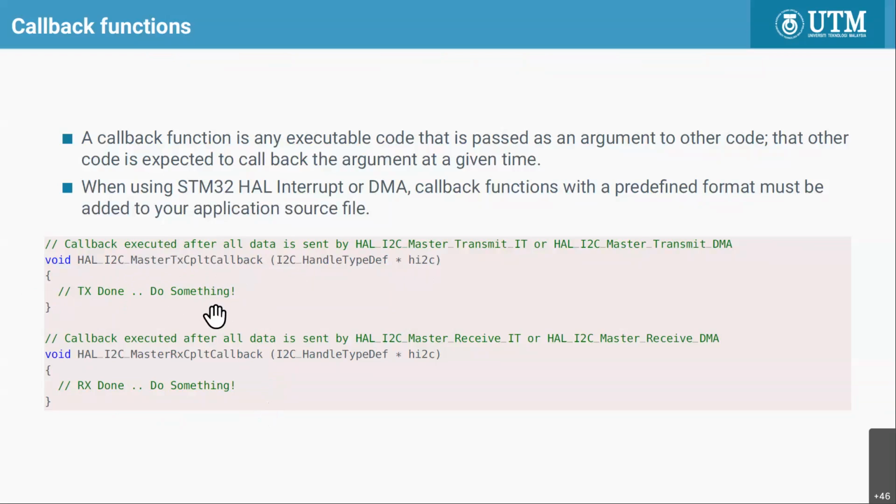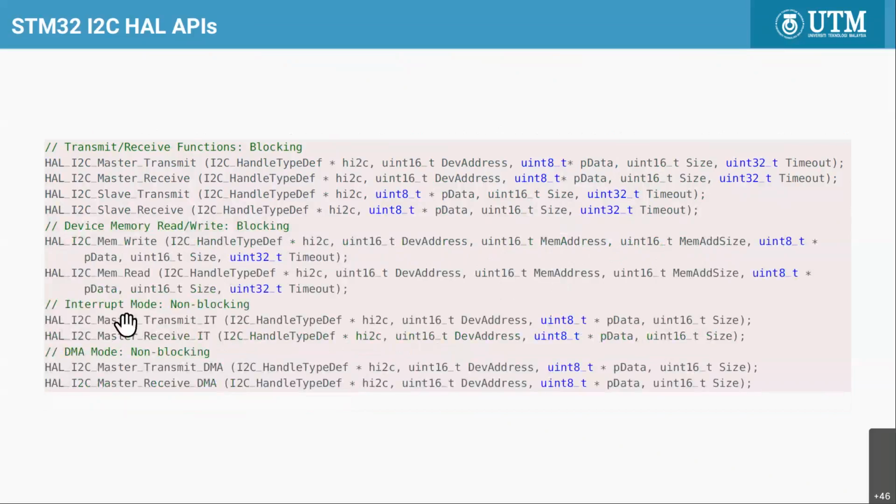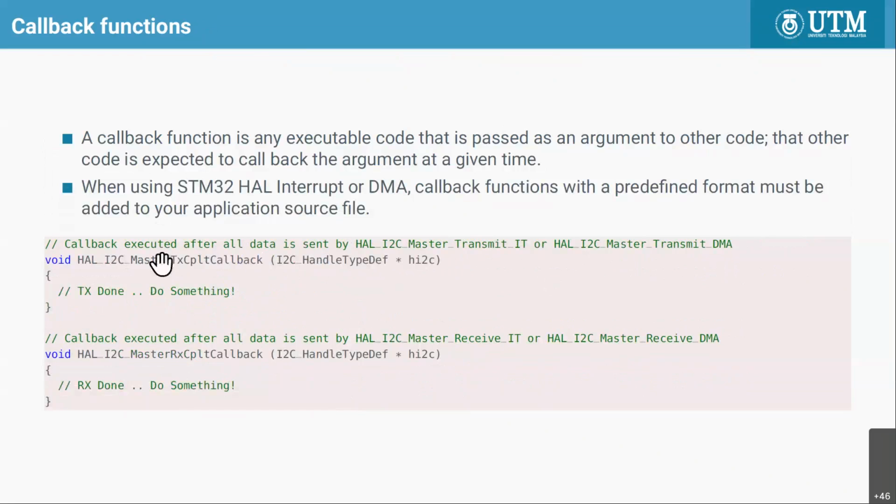The first one is executed after all data is sent by the I2C master transmit IT or master transmit DMA. Go back here. When you transmit, you either transmit using interrupt mode or DMA mode, and when the transmit is finished, this function will be executed. You don't have to run it yourself.